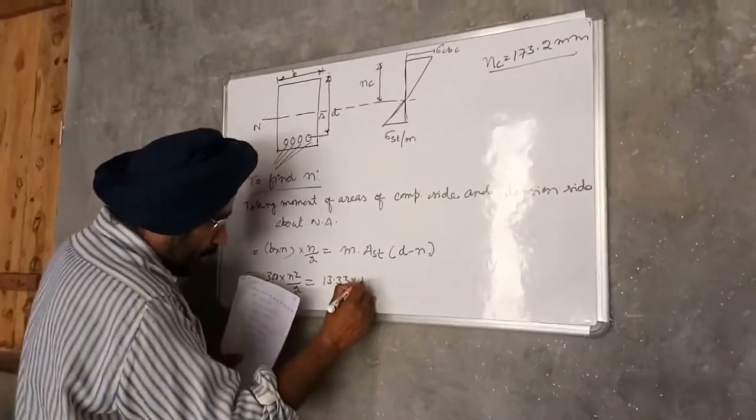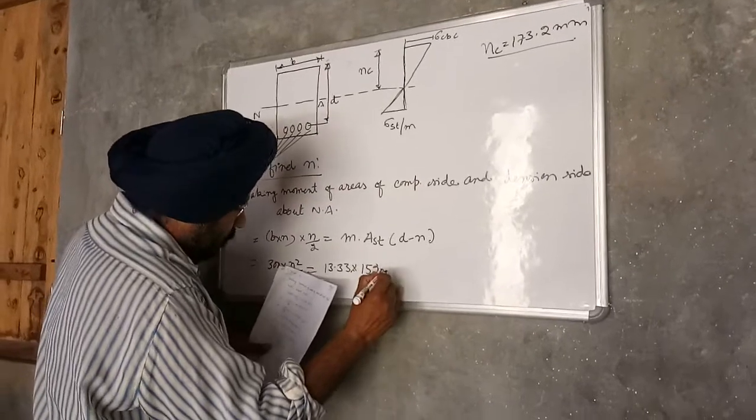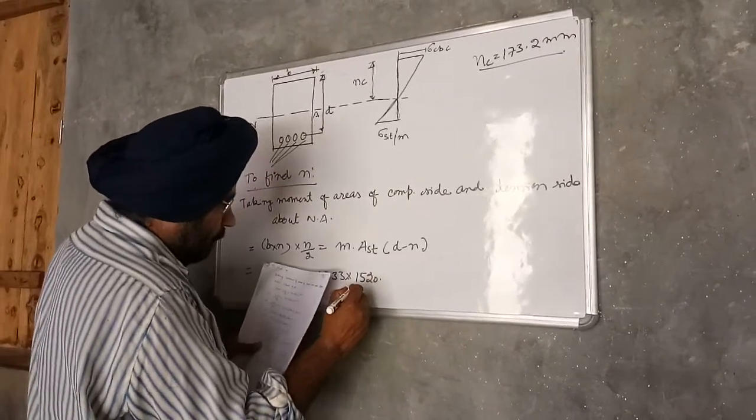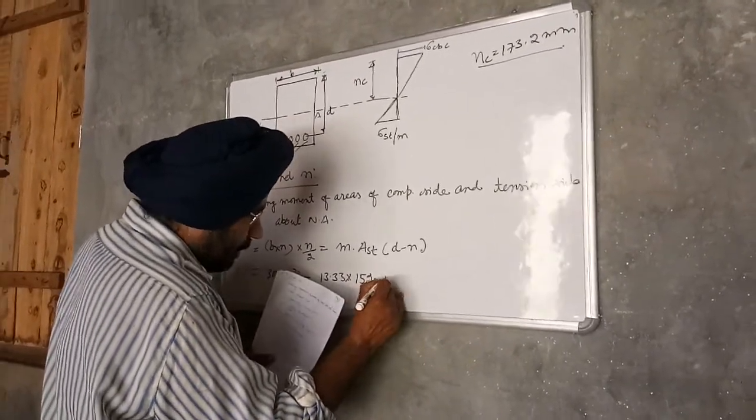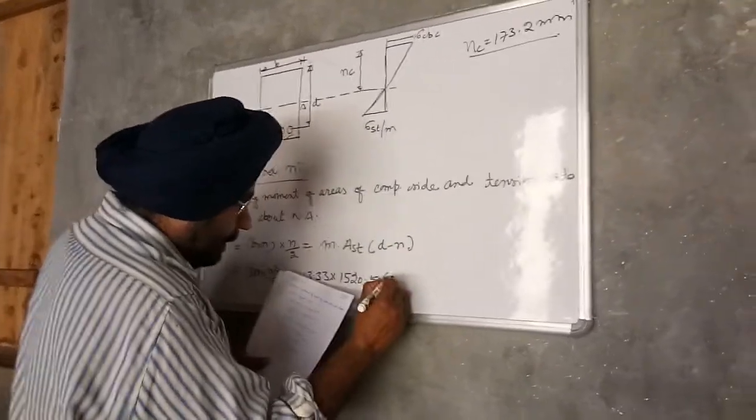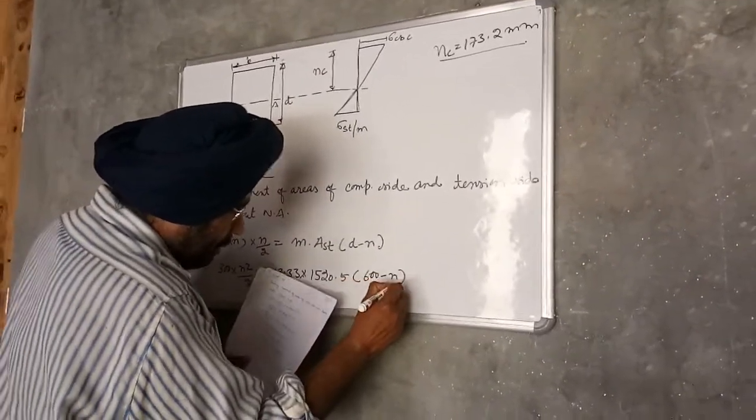into AST, the cross sectional area of the steel, whose value is 1520.5, into D minus n, that is 600 minus n.